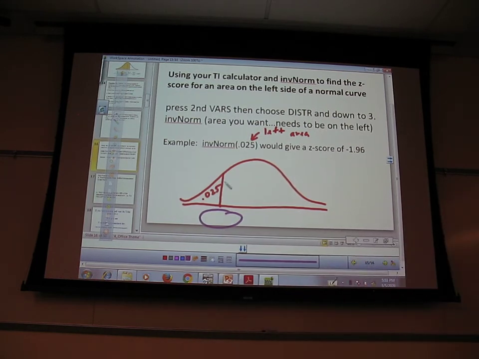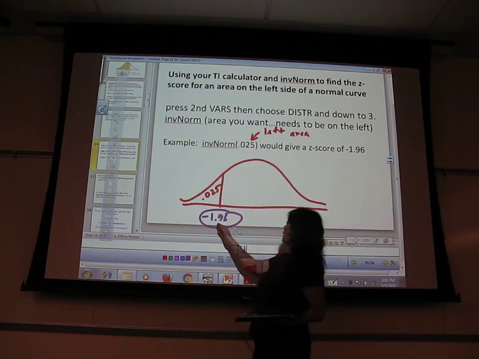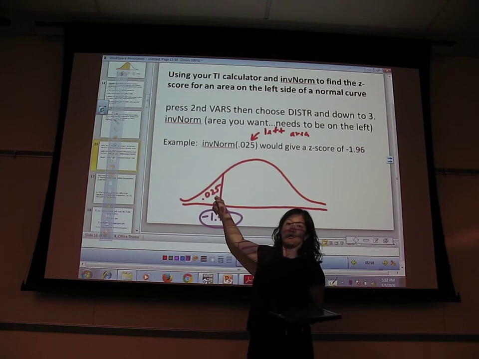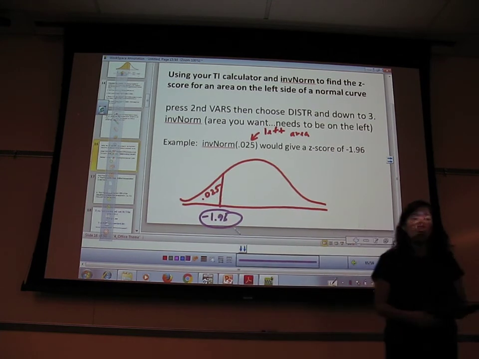Inverse norm of 0.025 gives a z-score of negative 1.96, which means that the z-score of negative 1.96 has an area on the left of 0.025. These are inverses.